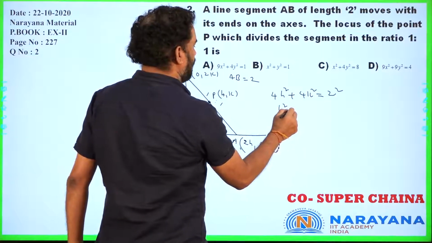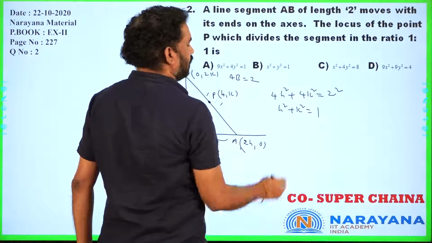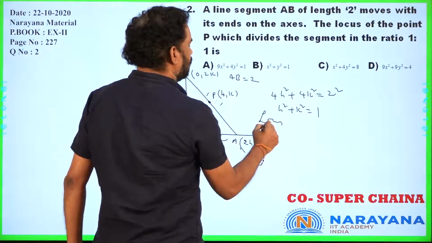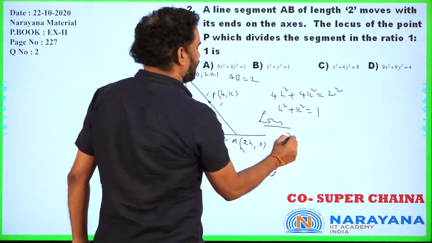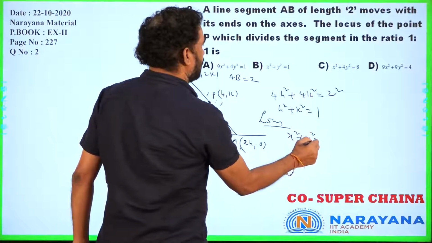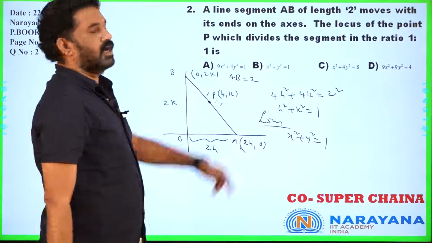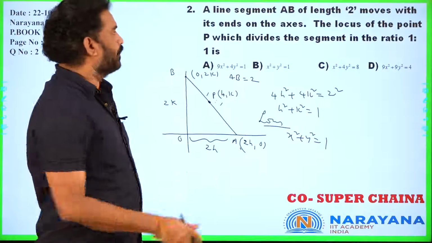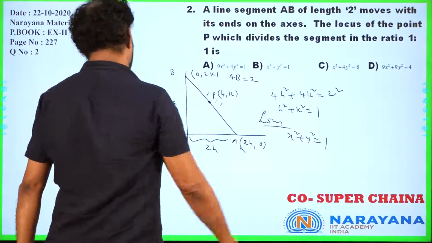Then h square plus k square equals 1. Locus means replace with x square plus y square equals 1. So option B is the answer. Simple? Okay? Like this. Right.